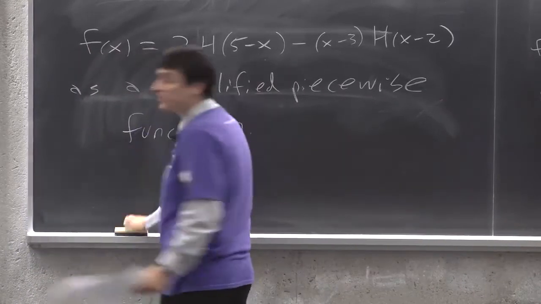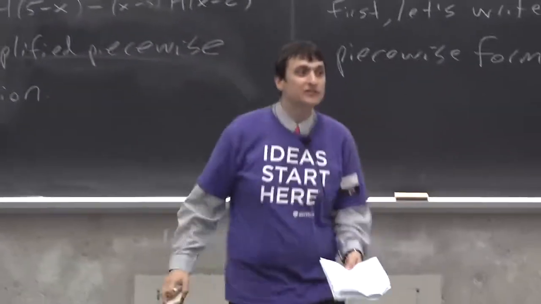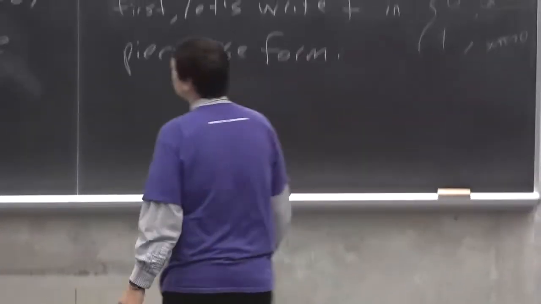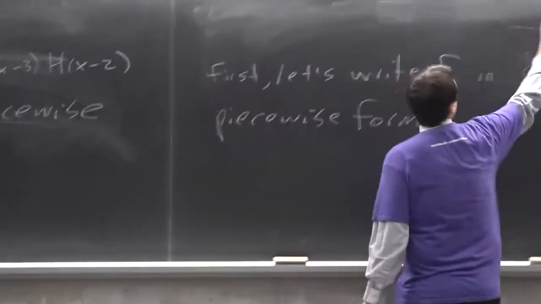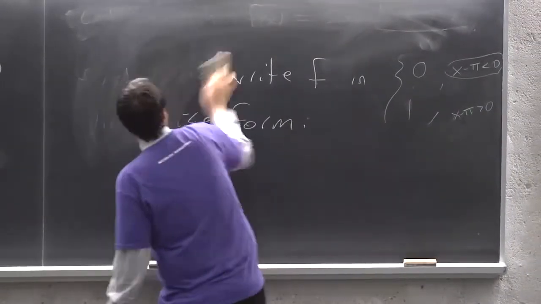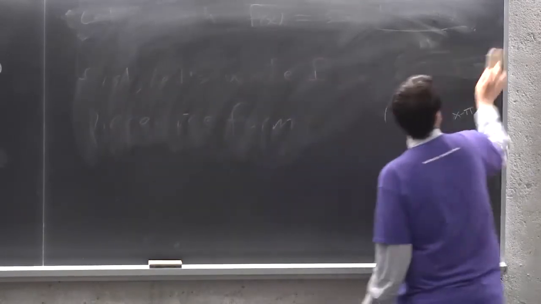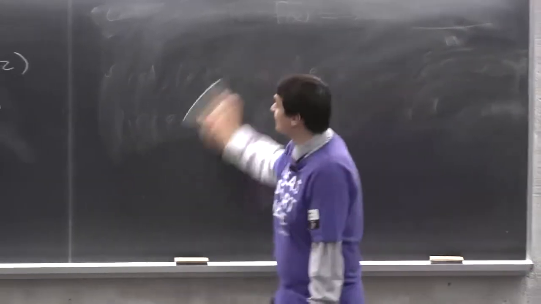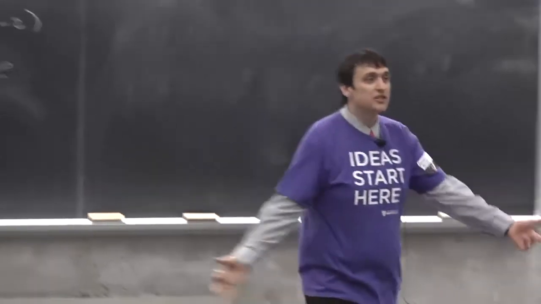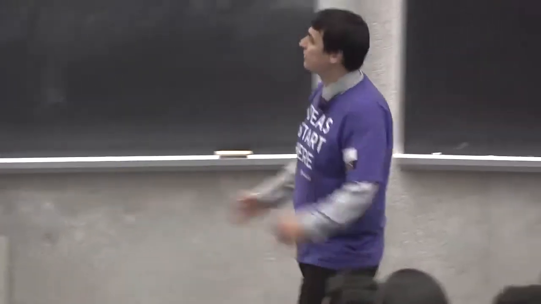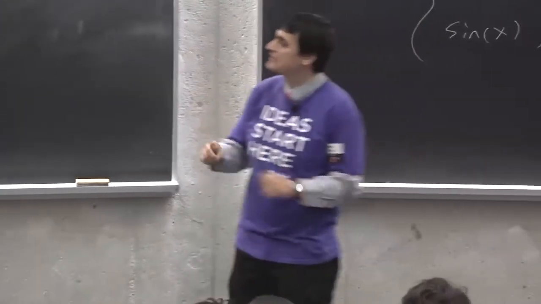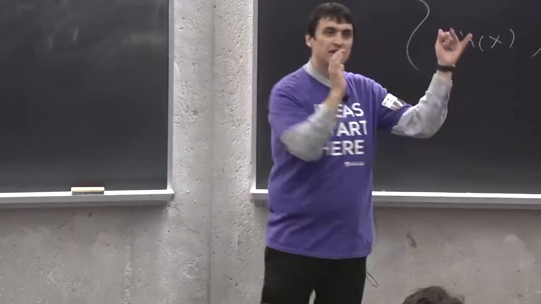And this question is actually super easy once you get used to it. But until you're used to it, it's a little bit weird. So don't feel bad if you do feel that it's weird. And do feel good if you're like, yeah, I totally get this. Okay, honestly. So here's the function f of x, 2 times h of 5 minus x minus 3 times h of x minus 2.